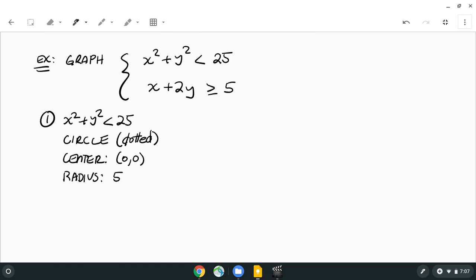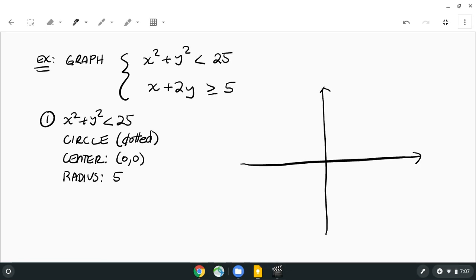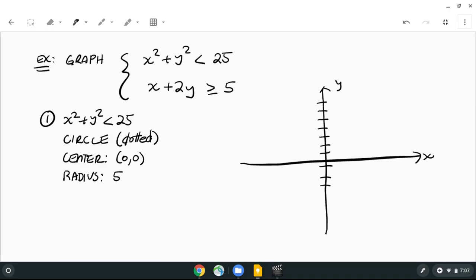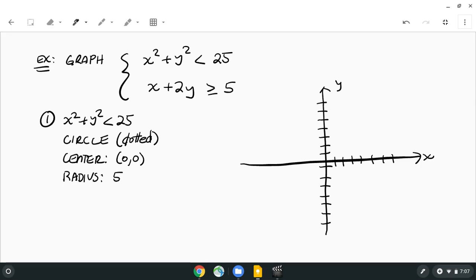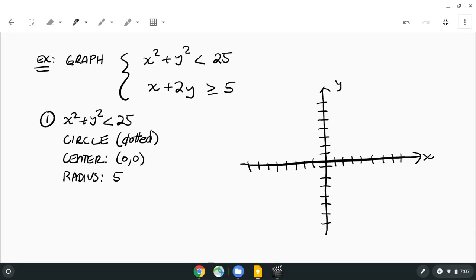Let's go ahead and graph that. The center of our circle is here at 0, 0.